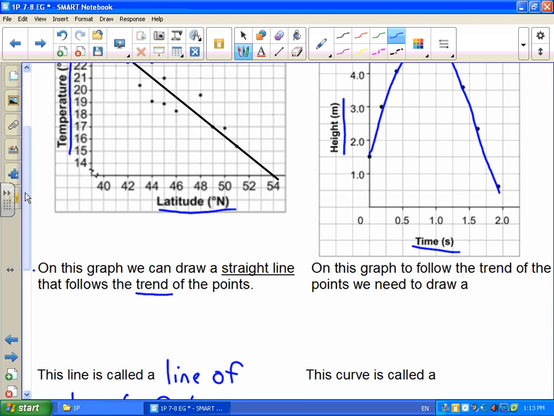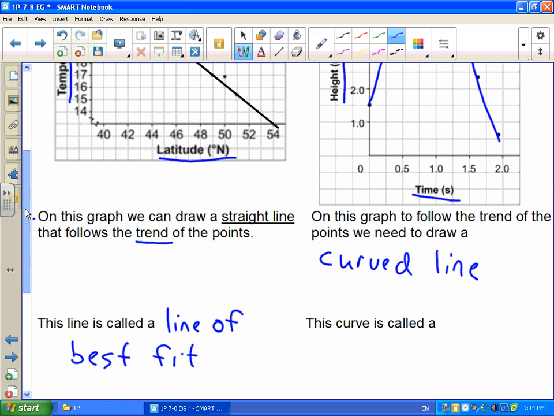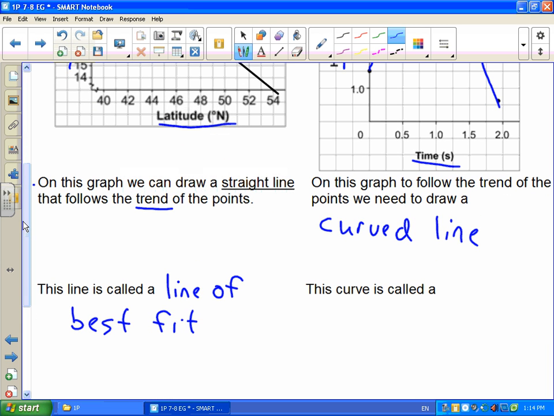So on this graph, to follow the trend of the points, we had to draw a curved line. Okay. This curve is called, well, it's not a line of best fit, but instead it's a curve of best fit. So it's the curved line that best illustrates the trend in the data, or passes close to most of the data points.